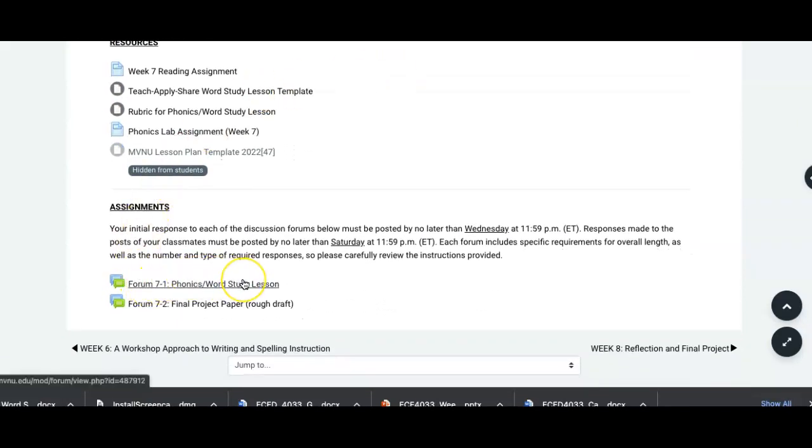Forum 7.1 is the word study lesson. And Forum 7.2 is just a very rough draft of your final project in week 8.